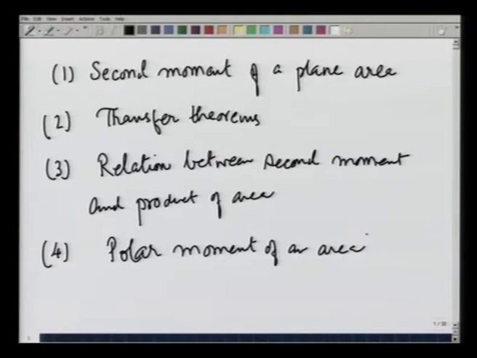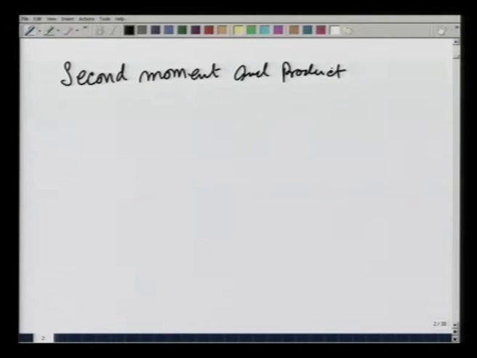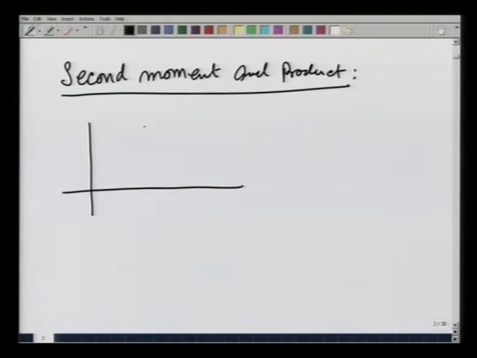So, to begin with, let us define what is second moment and product of an area. Suppose I am given a plane area in the xy plane like this. This is the x axis, this is the y axis.